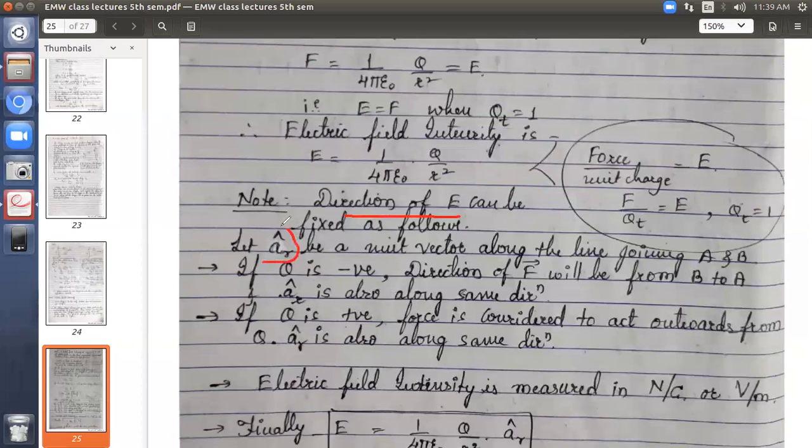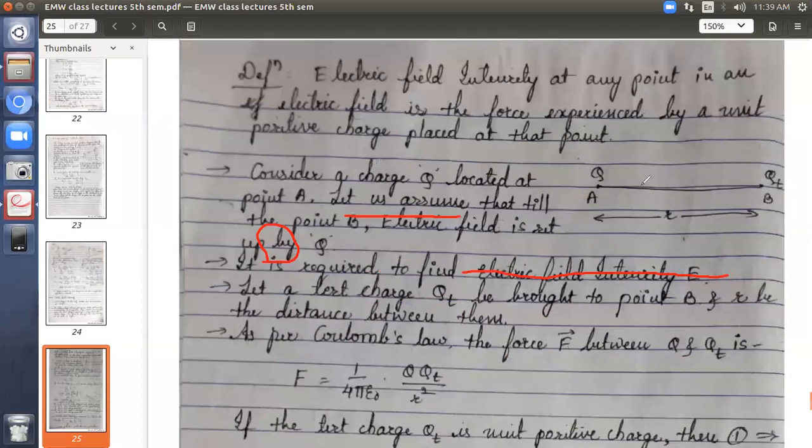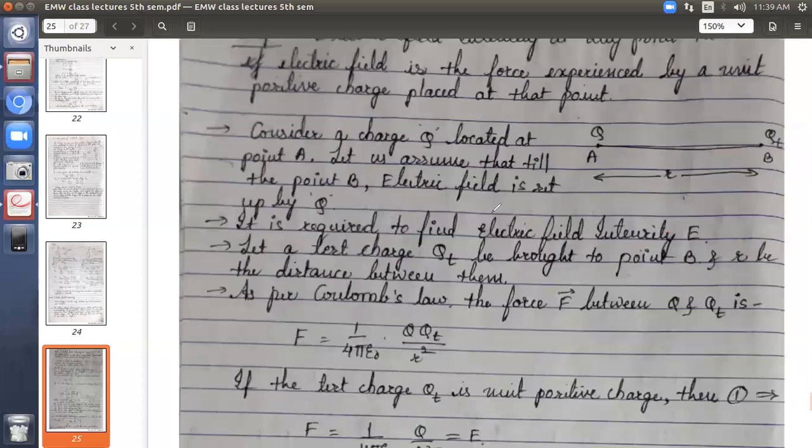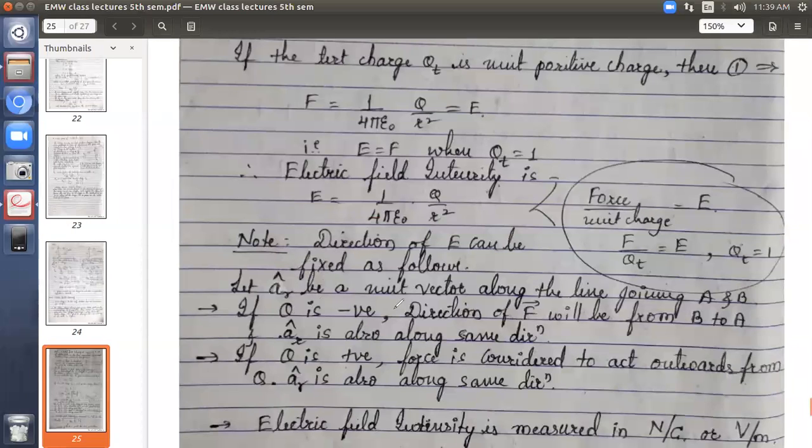If I consider r cap as the unit vector along the line joining AB, and if I know this direction of unit vector, then the direction of electric field intensity is the same. Whatever the r cap direction, the same direction for E. So how to find the r cap direction? That is important.